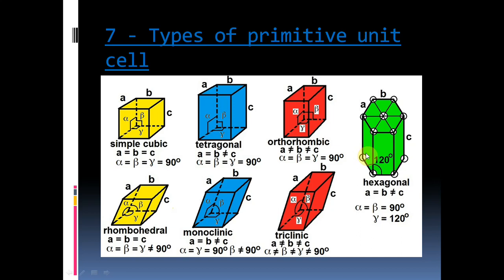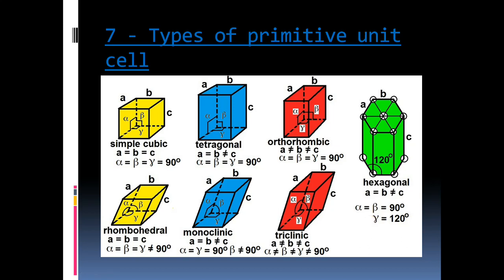Next, the fourth one is hexagonal. In hexagonal type, A is equal to B, that is 2 edge lengths are same, but C is different. Here we can see that 2 different angles are also being made by these edges. Alpha and beta is equal to 90 degree, but gamma is 120 degree.